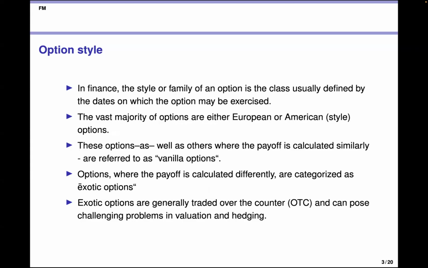Okay, for example, we have a call option with strike price K, and we denote the market price of the stock as S sub T. So, what is the payoff function?